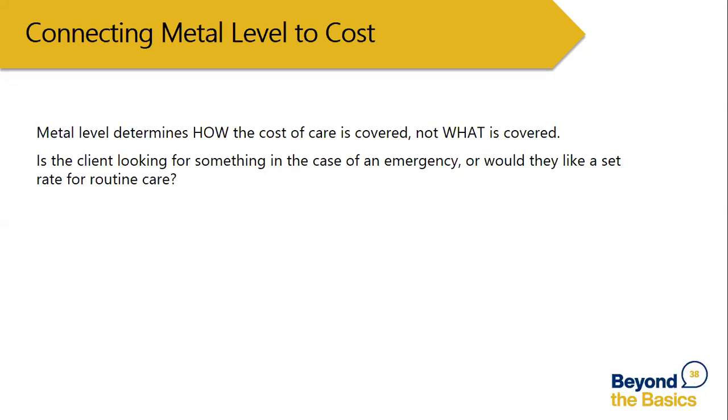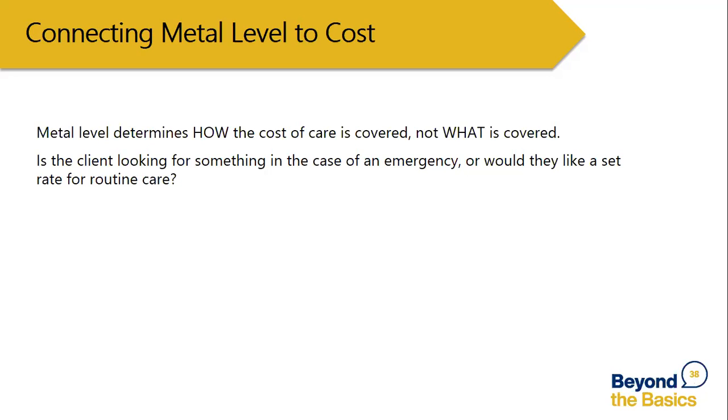And what I would really reiterate when it comes to metal level, because clients do get confused, is that the metal level of a bronze plan with the same plan type in the same company is going to determine how or when the cost of care happens, not what is covered. Clients will sometimes be concerned that a bronze plan with the same company as a silver plan won't cover X. But of course, that's not quite correct.